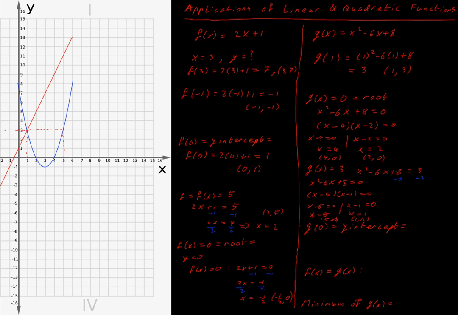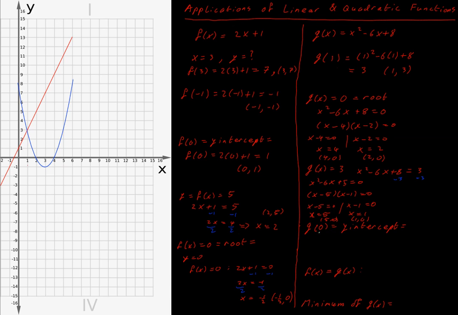So this is the line y is equal to 3, and I'm looking for where my blue curve is at that height. And that happens at x is 1 and x is 5, which is what I got from my algebra. So, excellent. We're still getting our same answers. And remember, we put in our dashed lines on our graphs in our exam.